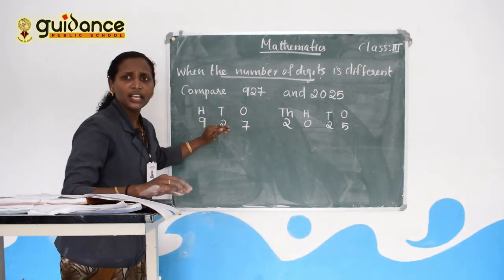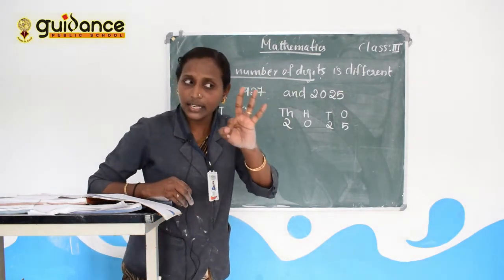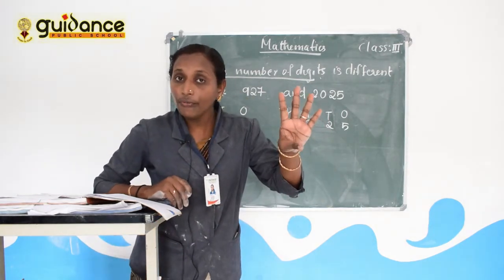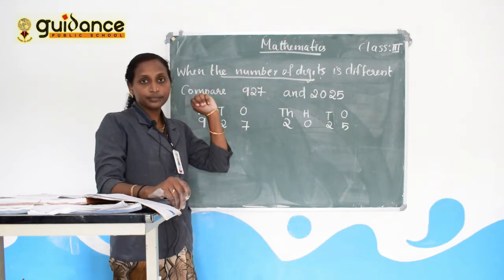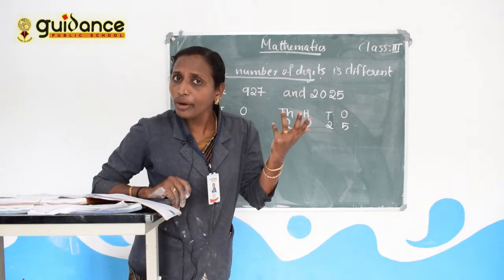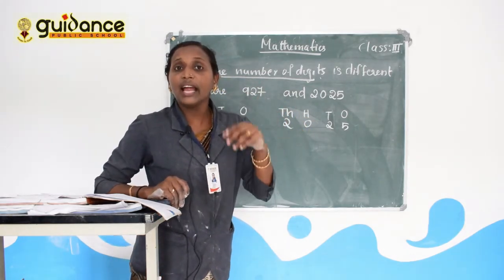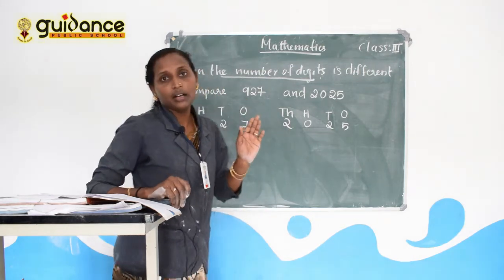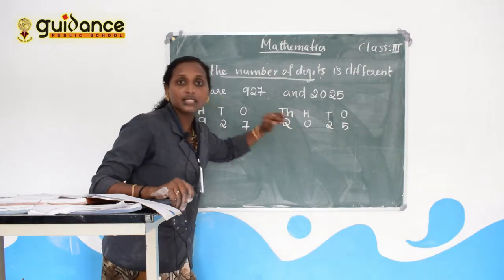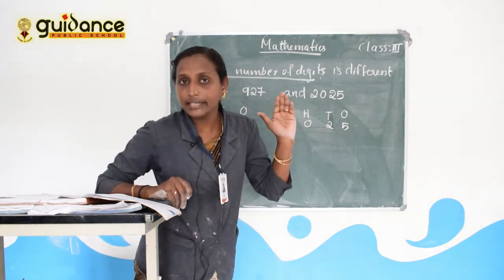So look at the question. 927 is a 3-digit number and 2025 is a 4-digit number. The number with more digits is the greater number. That means which is the greater number? This or this? The 4-digit number is the greater number.